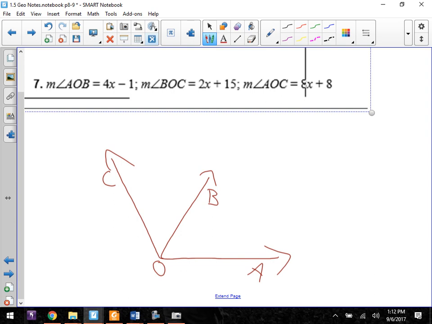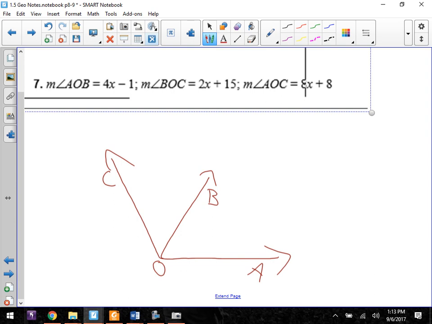Now, to what you're saying, aren't those two angles equal? Does it say anywhere that those two angles are equal? No. So I want you to draw something a little bit more visual so you can figure that out.